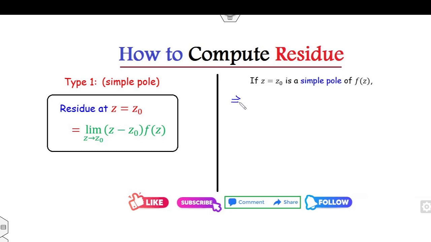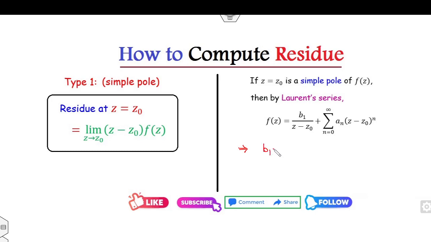It's very simple. It is given that the function has a simple pole. That means I can write the function as b1 over z minus z naught plus the summation of an times (z minus z naught) raised to the power n, because it is a simple pole, so the power degree must be 1. So can you find the value of b1?